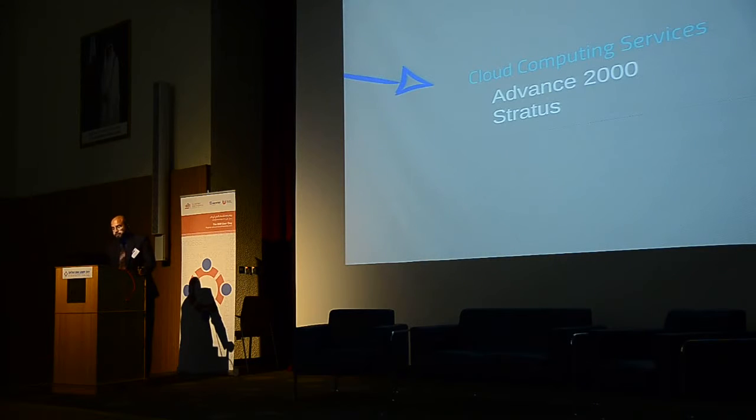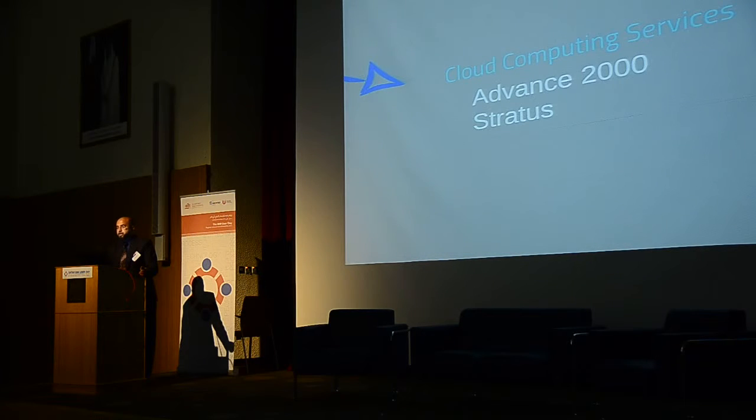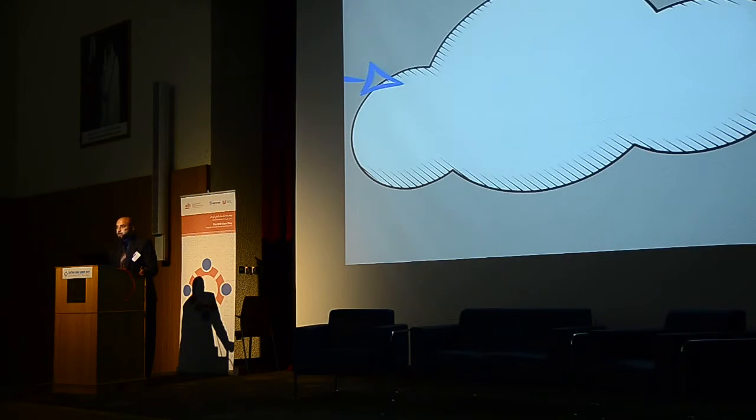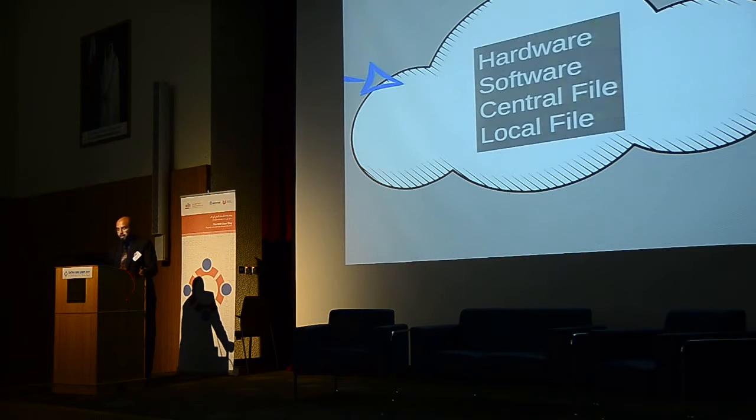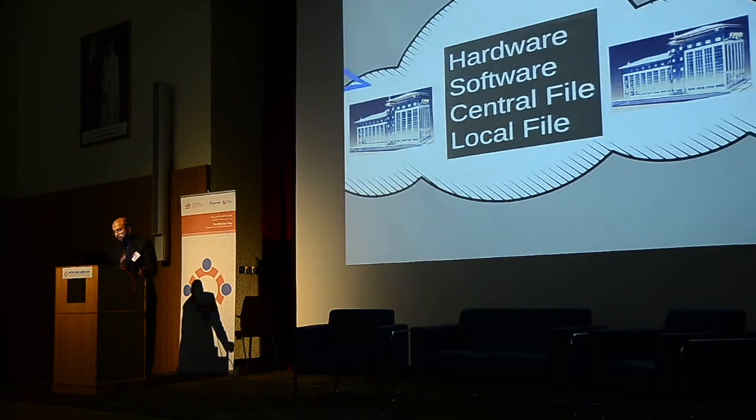So they provide you that service. They have got all the high level of hardware and software setup, and they give you access to their system. So this is the cloud, hardware, software, central file, local file, all is located on this cloud. You have got your local and central file saved here, and how it works.